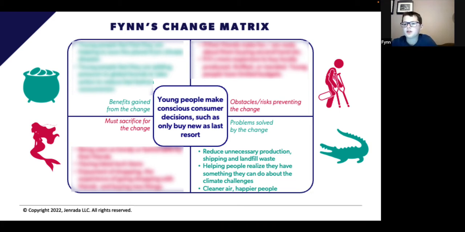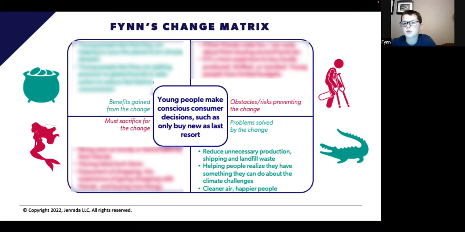And so another point is helping people realize, just the general mindset, that they can do something about a lot of climate challenges, because a lot of people I've found dismiss them, but not because they don't think they're important. It's because they feel that they can't make a difference.